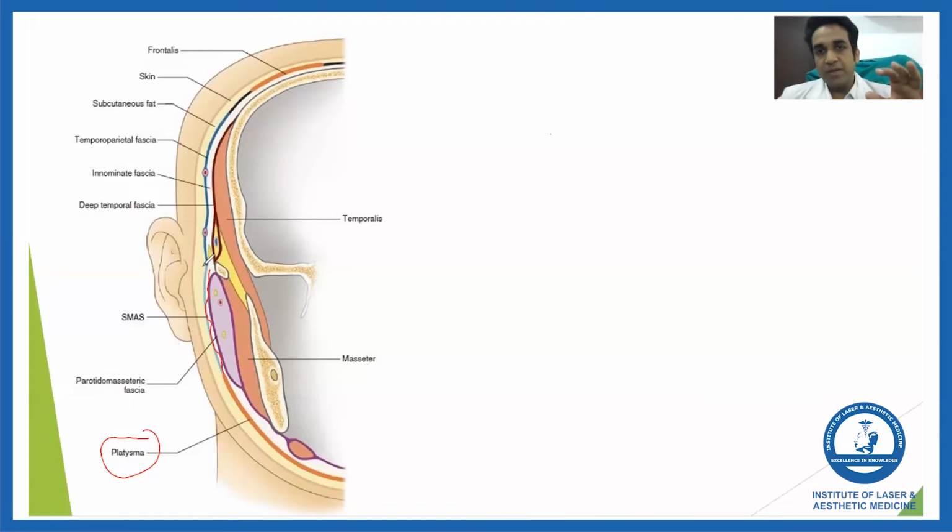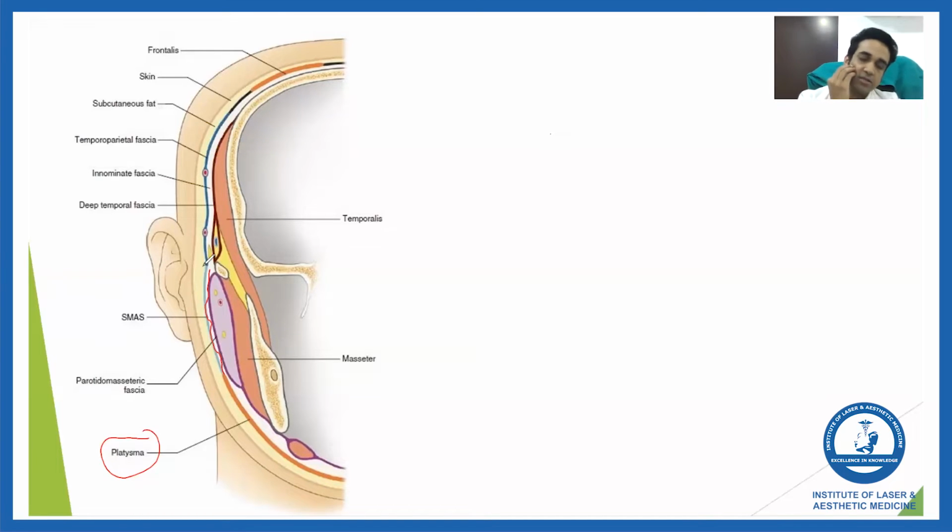See, we have been designed in such a manner that this particular fascia starts from the platysma. Now look at me, don't look at your screens, look at me. It starts from the platysma, right? And here, when it reaches the lower border of the mandible, it splits into two, right? The rule of two. It splits into two, covers the masseter, covers the parotid gland.